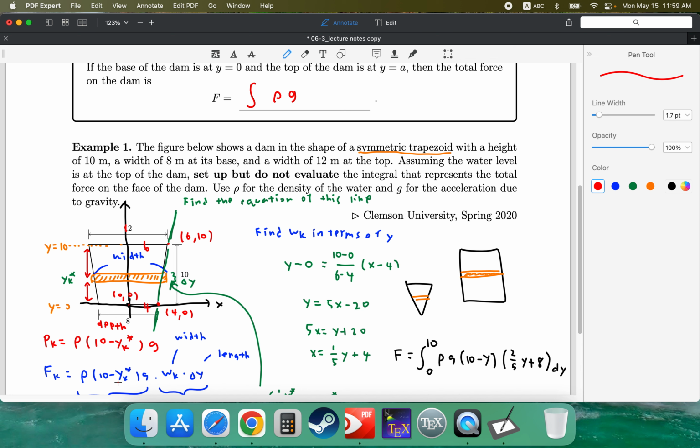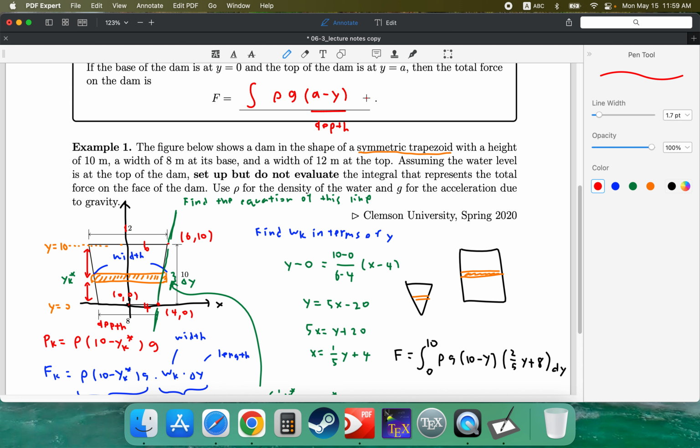Notice that the base of the dam is at y equals 0 and the top of the dam is at y equals a. So the depth of the water for this strip is a minus y. Notice that this is the depth of the water on that strip, not the depth of the water all the way. And then you need to multiply by the width.